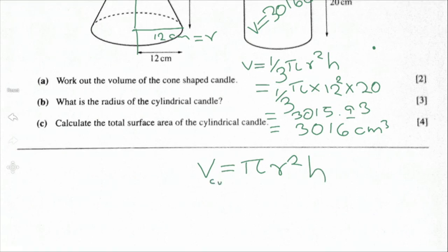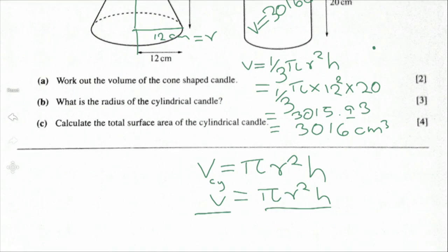So that's the volume of a cylinder. In this case, it's V is equal to pi r squared h, and then you want to get the radius. That's the question. What is the radius?